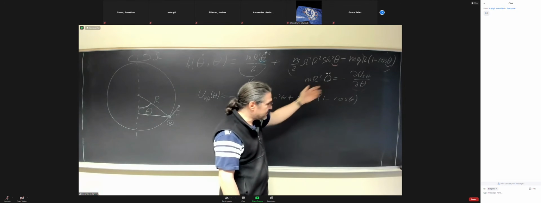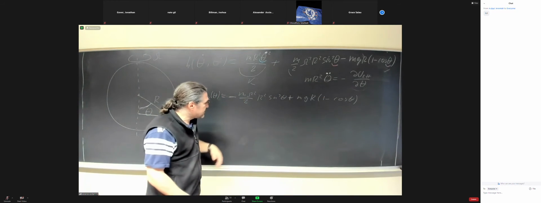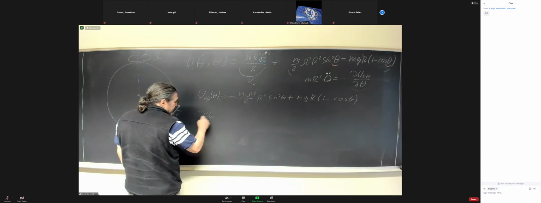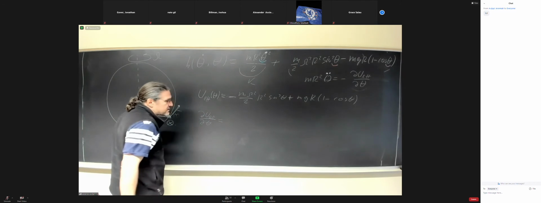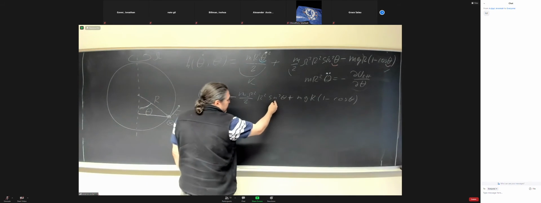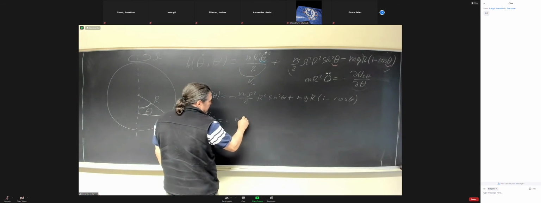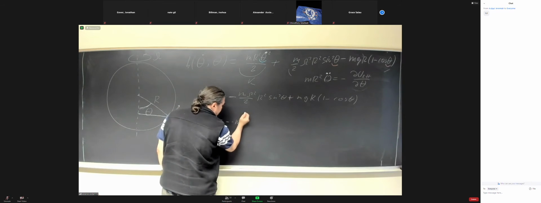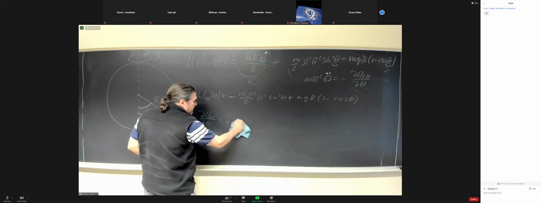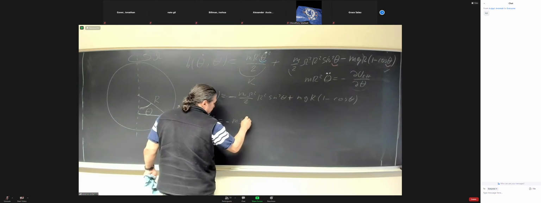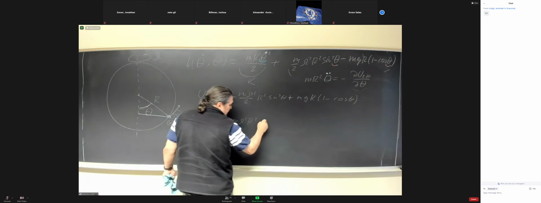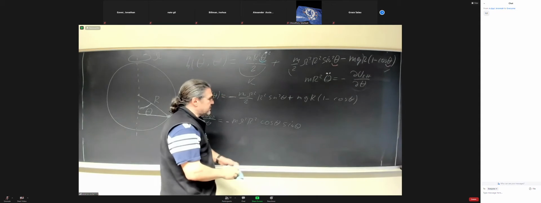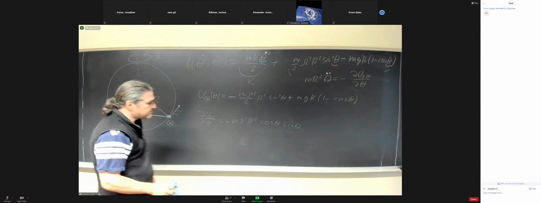So let me take this derivative: dU effective over d theta equals, now I just take the derivative. This is sine squared, so it's minus m omega squared, well, the 2 cancels out, so it's m omega squared r squared cosine theta sine theta. And this is the derivative of sine squared.